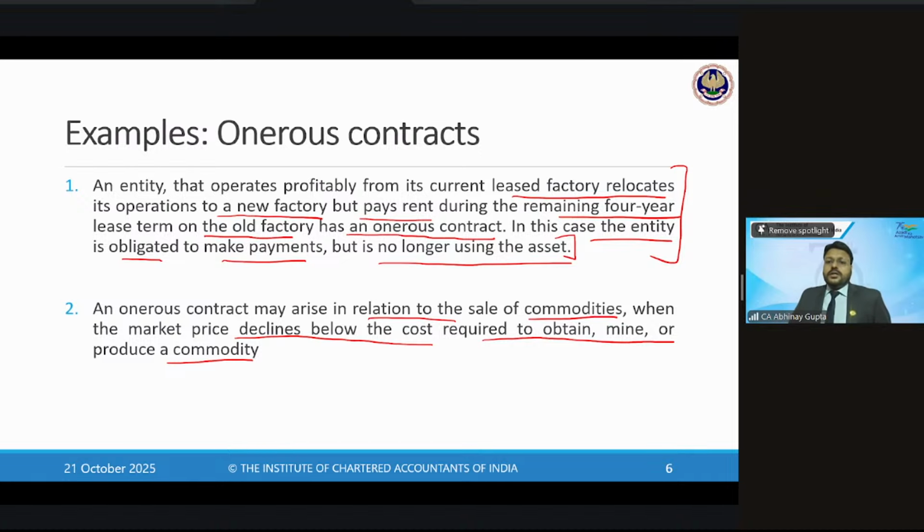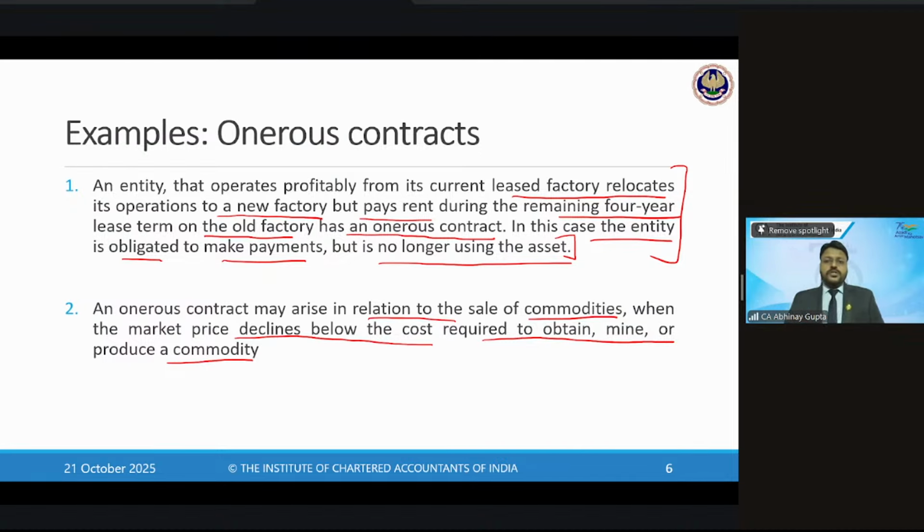So mining of that particular commodity has become expensive. For example, aluminum, copper. These are the metals which are mined. Yes or no? Yes. So if there is a contract to supply, say, copper at 500 rupees per kg, but suddenly the copper price has crashed to 200 per kg or 300 per kg.